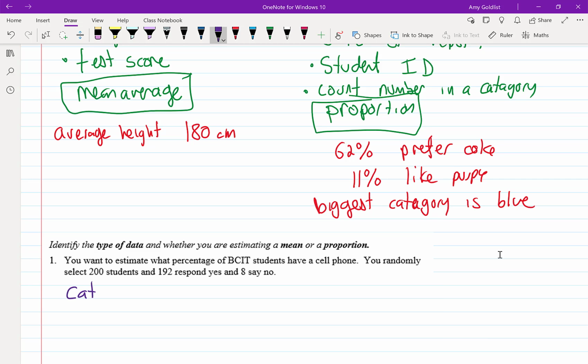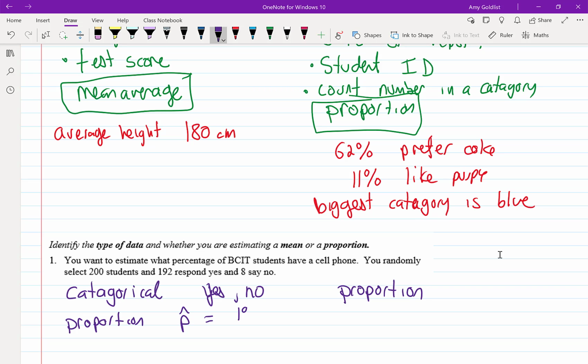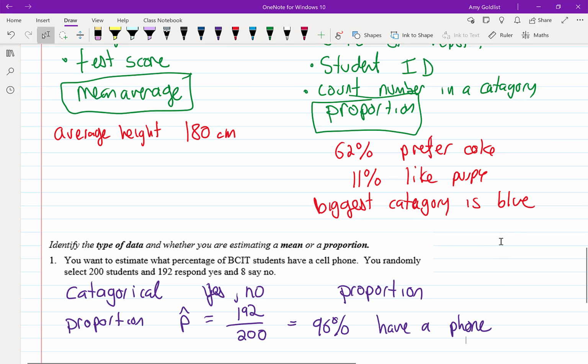It's categorical data because it's yes, no. And we're looking for a proportion. Here, the proportion P hat is going to be 192 over 200, or 96% of students have a phone. I'm not sure about those 4% of the rest of them, but 96% have a phone.